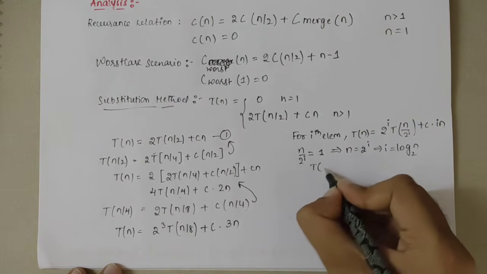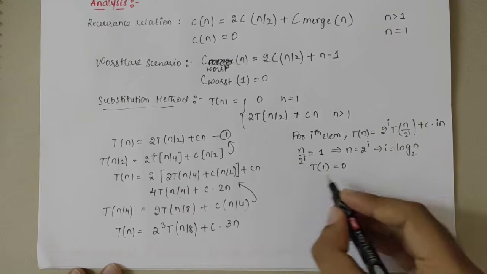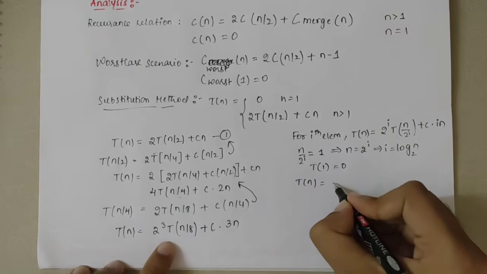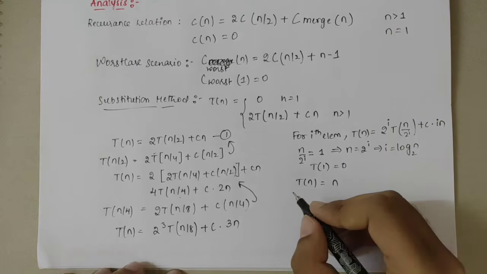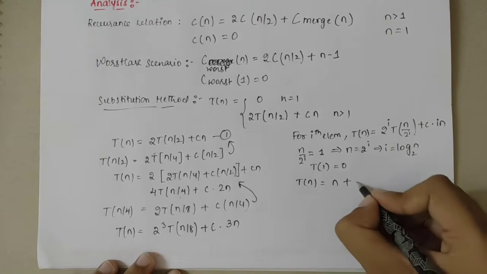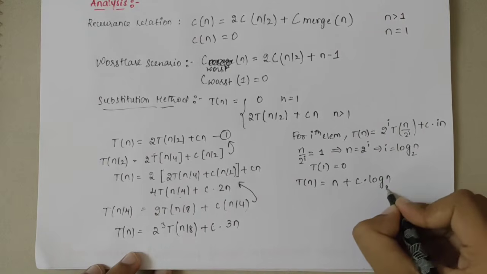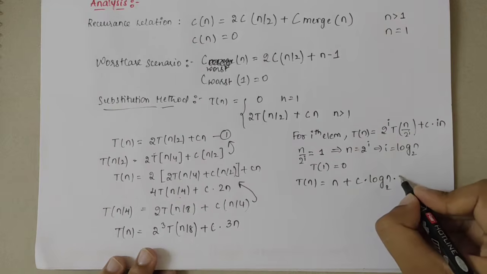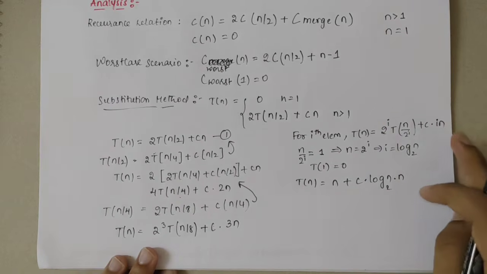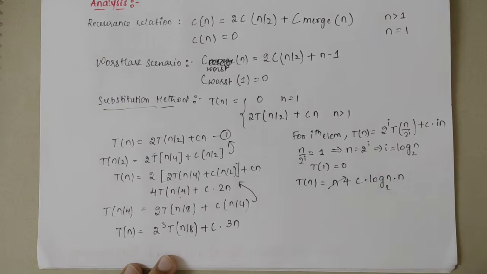I also know that T of 1 value is 0 here. So let me write the expression here. I have 2 power i. What is 2 power i value? n. Right. Plus C into i value. What is i value? Log n to the base 2 into n, because I have n here. So the first term would become 0 because T of 1 is 0, right?